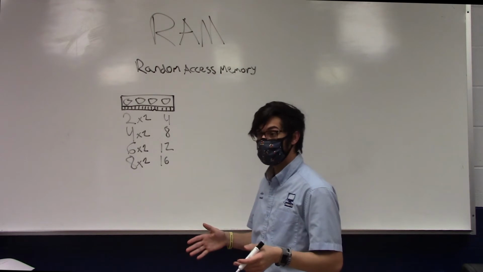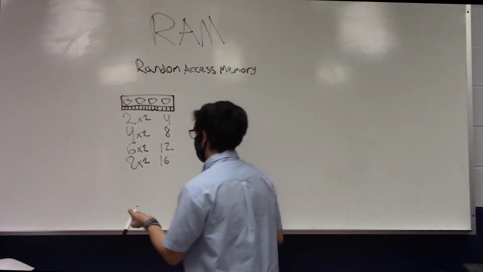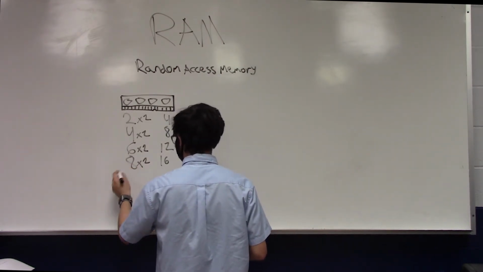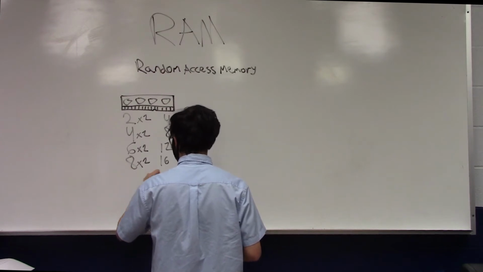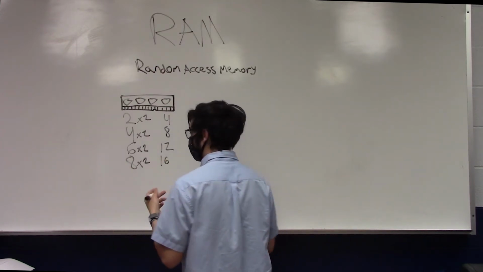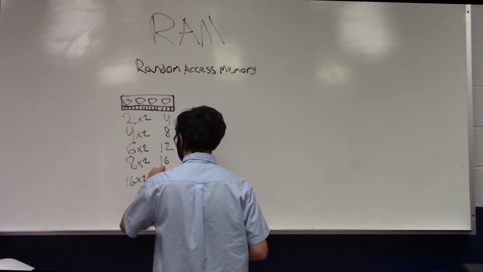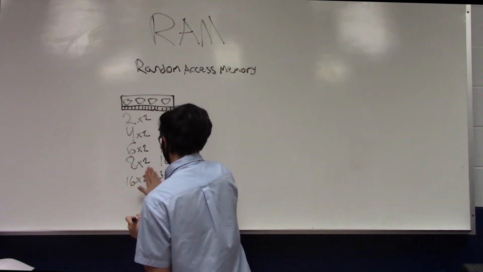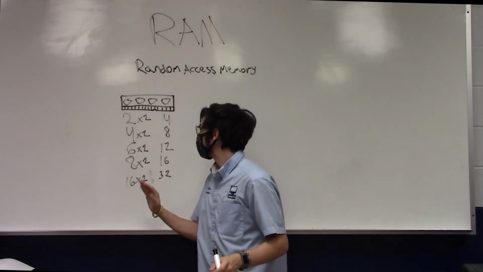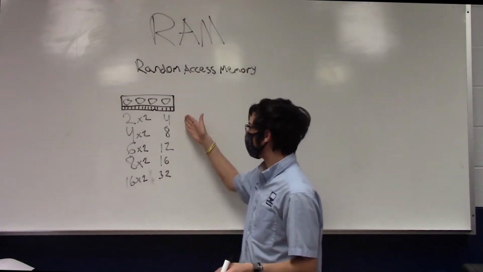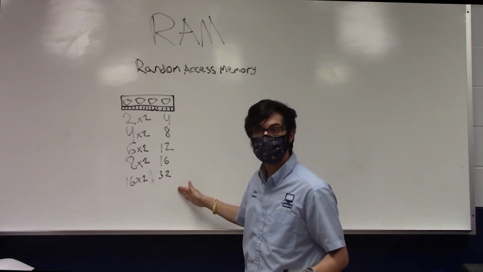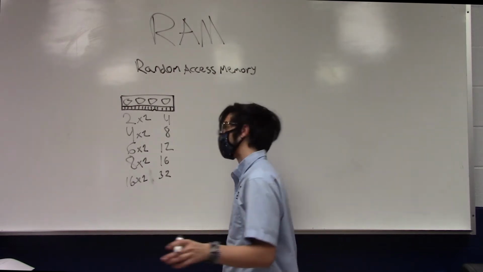Now there are 16 gig sticks, and then you can do 16 times 2, making it 32. And then usually they'll be doubled. Why are they doubled? We'll talk about that in a second.